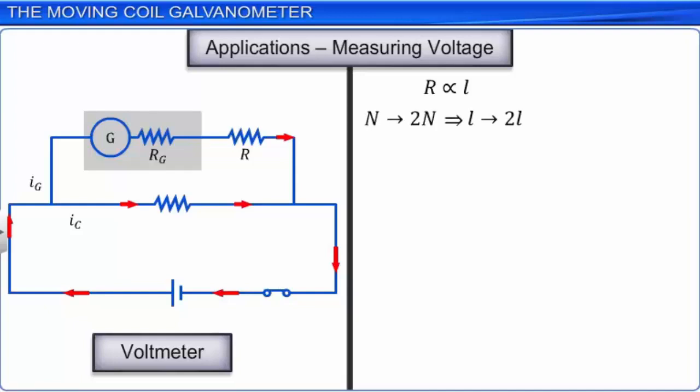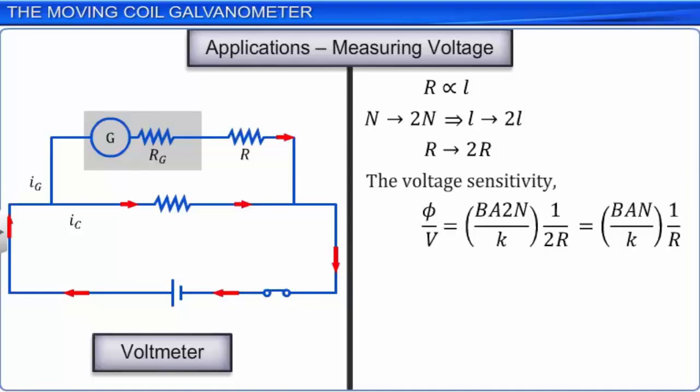Thus, the effective resistance R becomes 2R. By substituting 2N and 2R in place of N and R respectively, we observe that the new value of phi by V remains the same. That is, by increasing the number of turns, current sensitivity can be increased, but the voltage sensitivity remains the same.